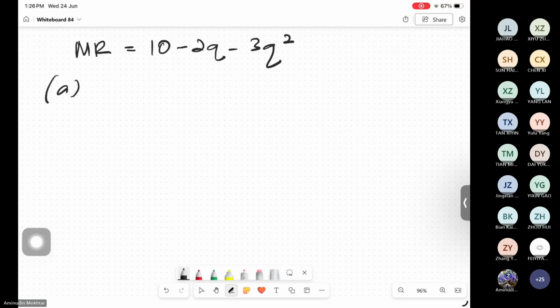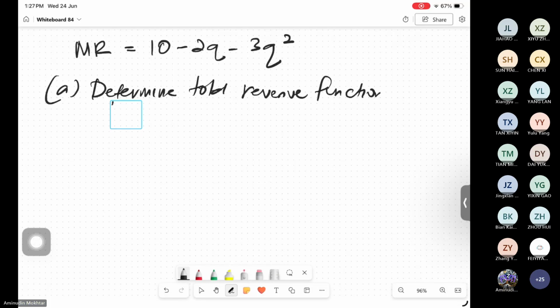Determine the total revenue function. Yeah. So given the question is MR, so TR equal to integration of MR dq.